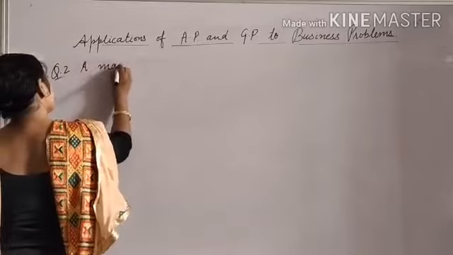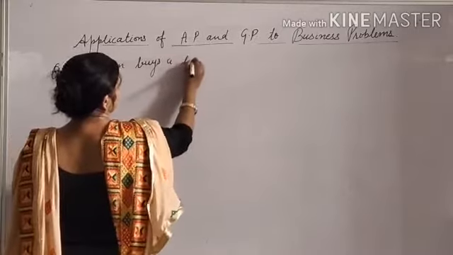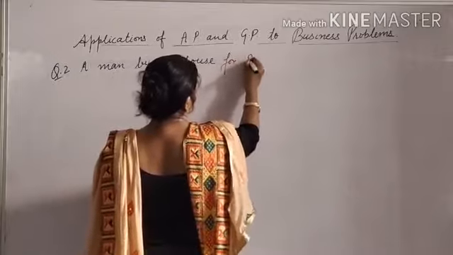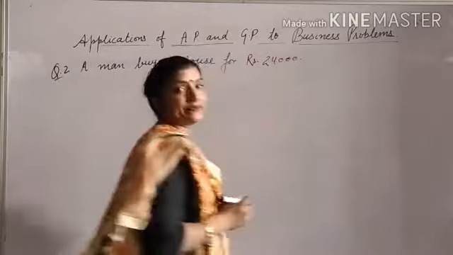Question number 2. A man buys a house for rupees 24,000.